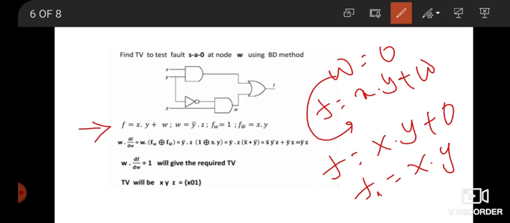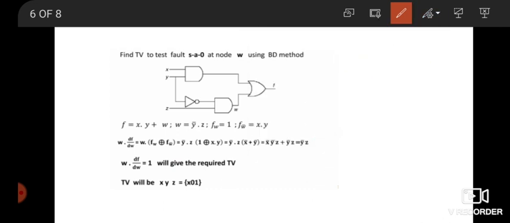This is f of w bar. That is, we found two values, f of w and f of w bar.